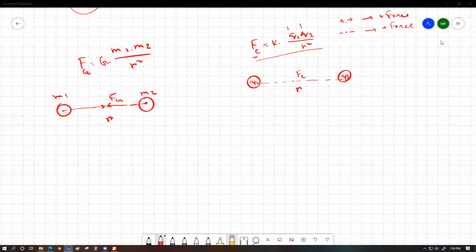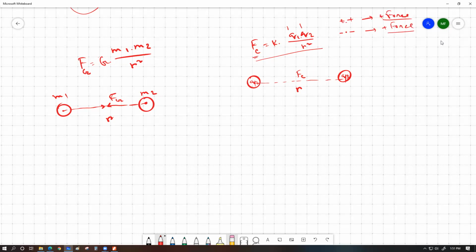So the type of force that exists between two positive charges, or between two negative charges, is actually a repulsive force, which by equation comes out to be a positive force. Whereas if the two charges are dissimilar, let's say plus and minus, or minus and plus, if you multiply these two, you're going to end up with a negative force. This force is, by our understanding, an attractive force.